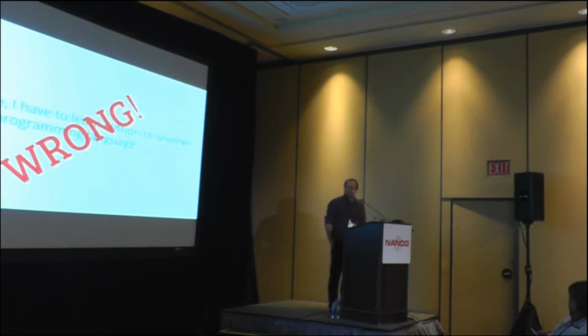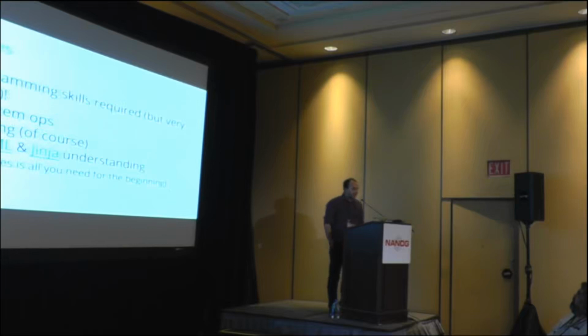And today, I will do my best to prove that for the next few steps, for the very beginning, when you start automating, you don't need that. All you need is the following: some basic system ops, some networking, of course, and some basic YAML and Jinja understanding. That's all you need.